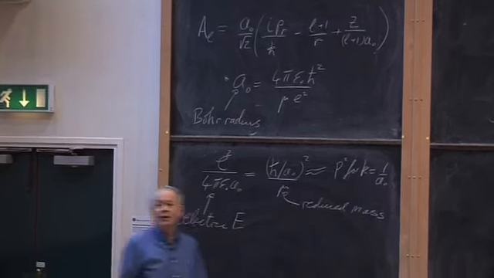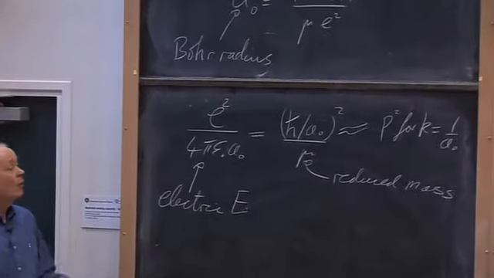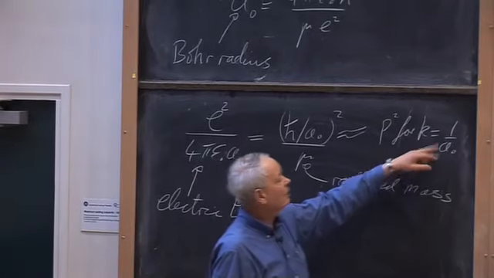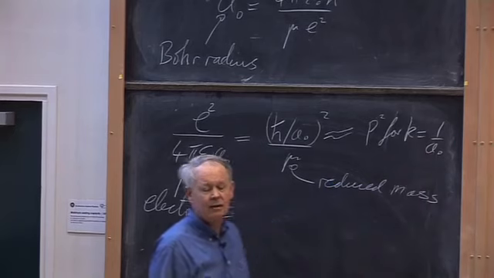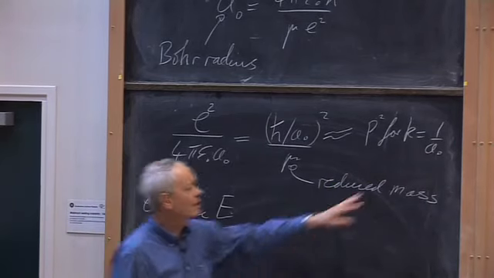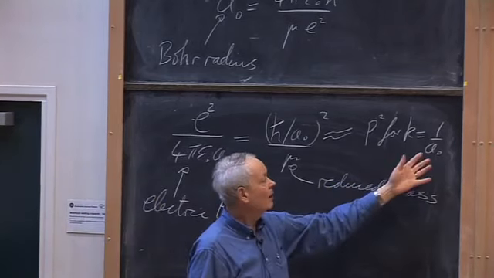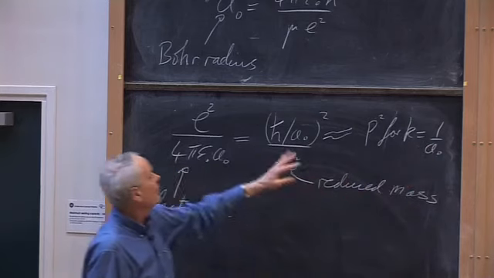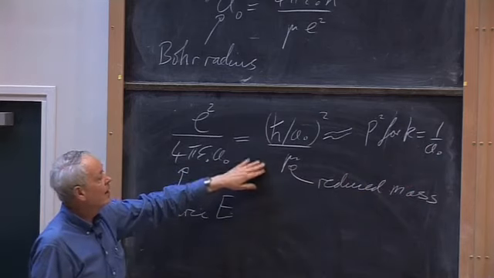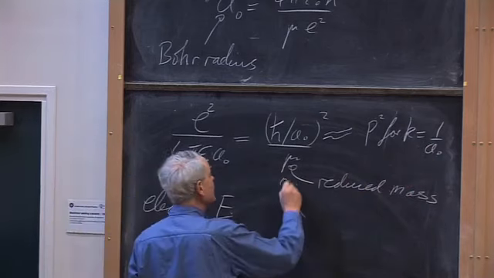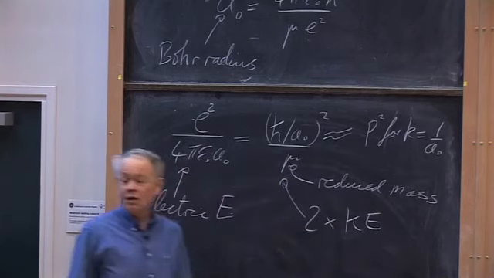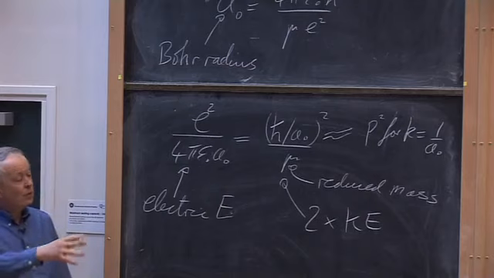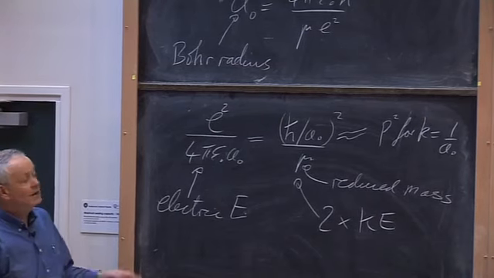So if you have a wave which has a wavelength comparable to this scale radius here, not worrying about 2 pi's at the moment, then what you have on the right here is 2 times the kinetic energy associated with a particle which has a wavelength on the order of a0.